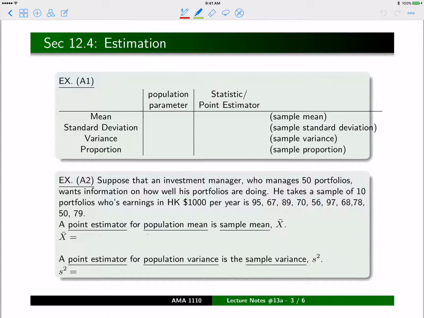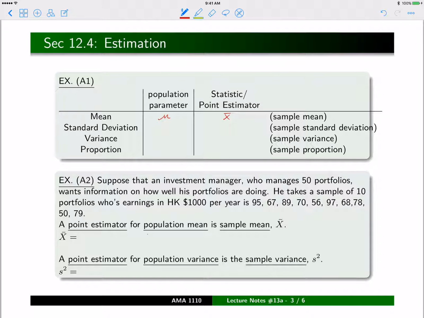For example, if we want to estimate the true population mean, for example, the lifetime of a battery, then we compute as a statistic a point estimator x bar, which is the sample mean.